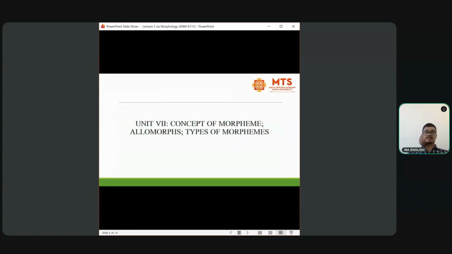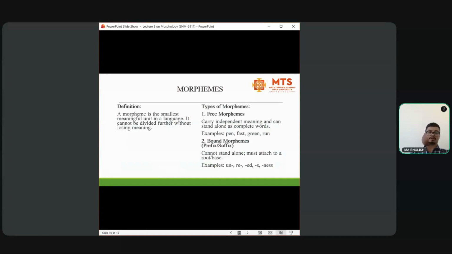Okay, so next is unit 7, that is the concept of morpheme, allomorphs, and types of morphemes. Let's begin with morphemes first. A morpheme is the smallest meaningful unit in a language. You cannot break it into smaller parts without losing meaning, right? For example, take a simple word like pen.